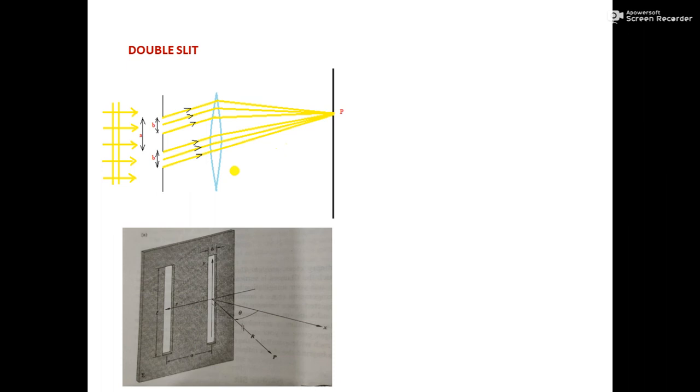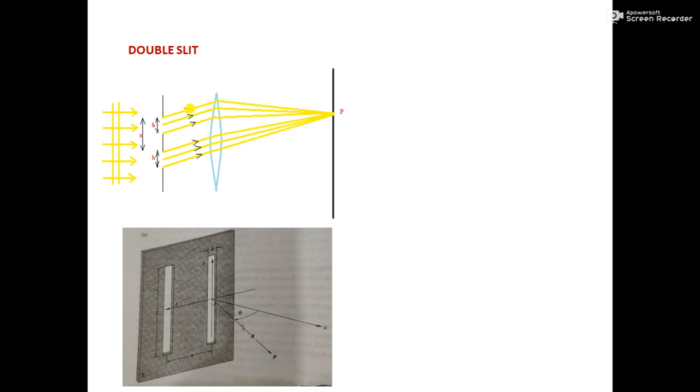Here, the same primary wave excites the secondary source at each slit, so the resulting wavelets will be coherent, and thus interference must occur. If the primary wave is incident on the aperture at an angle theta with the normal, then there will be a constant relative phase difference between the secondary sources.